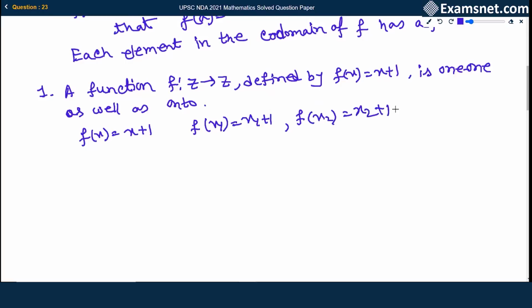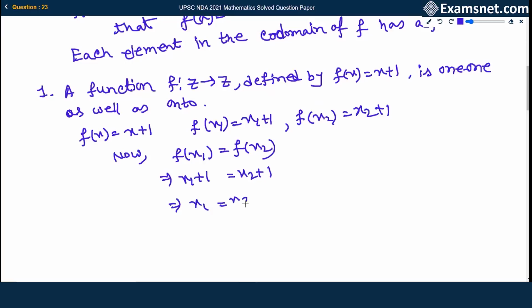Since this is 1-1, therefore f(x1) equals f(x2). So that means x1 plus 1 equals x2 plus 1. So x1 equals x2. Okay. So therefore f is a 1-1 function.